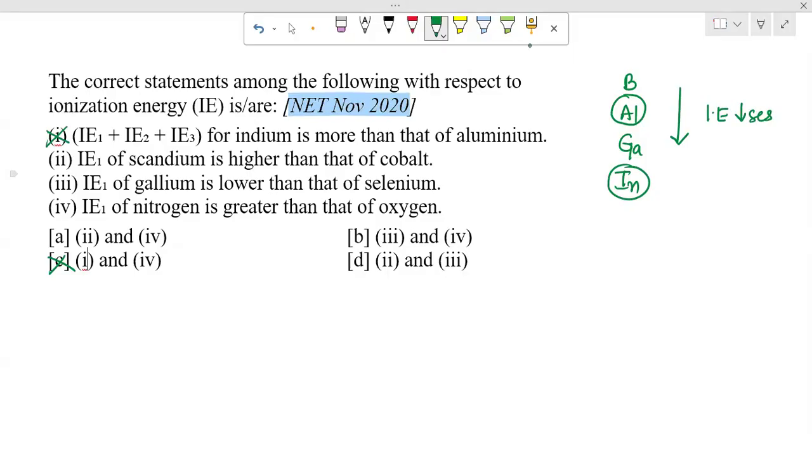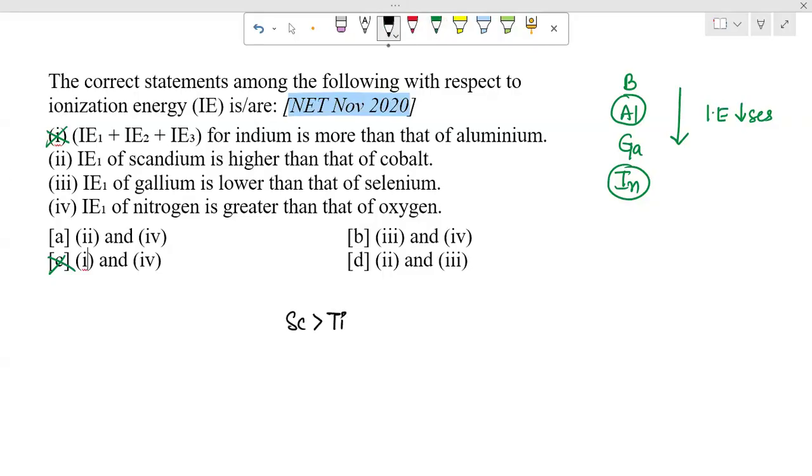Next one is the ionization energy of scandium is higher than that of cobalt. We have learned about the size, correct? That second period is very important.